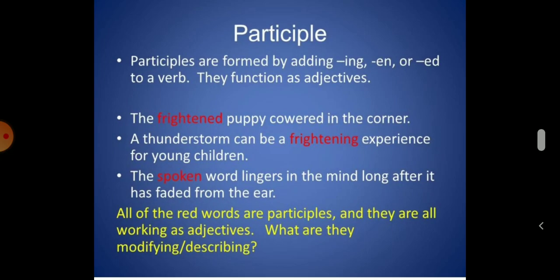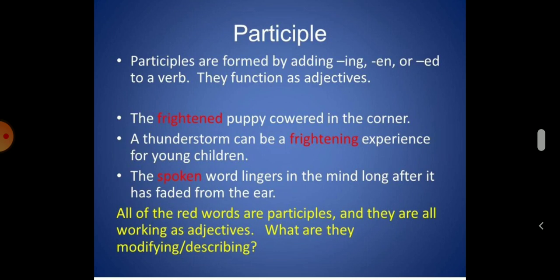Now we will see the participle. Participles are formed by adding ing, en or ed to a verb. They function as adjectives. Previously I gave you homework for writing the verbs V1, V2, V3, V4 and then the infinitives.